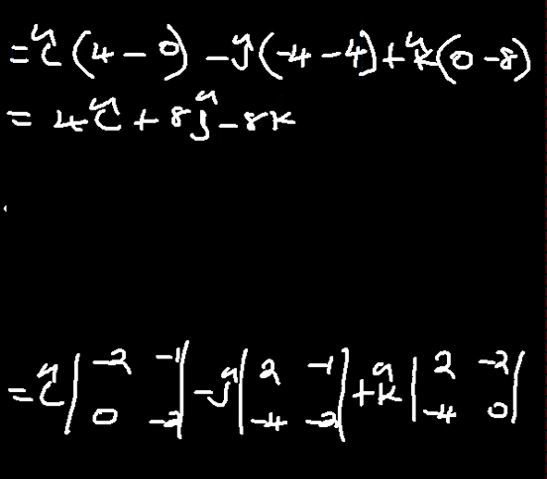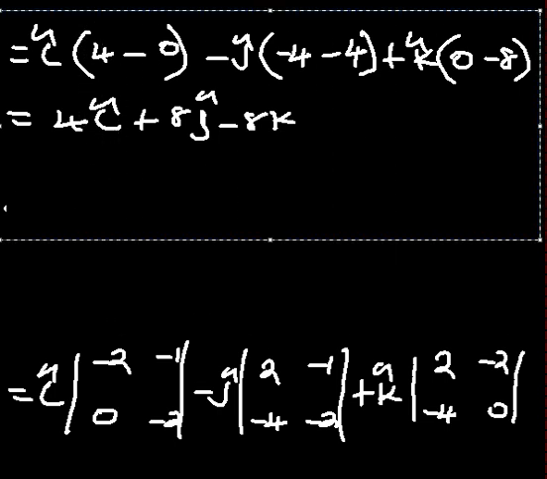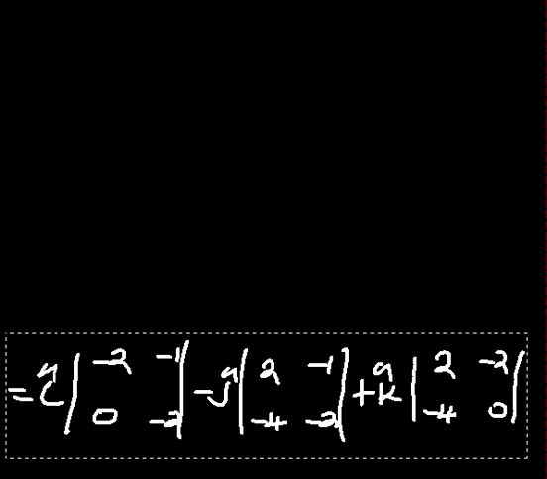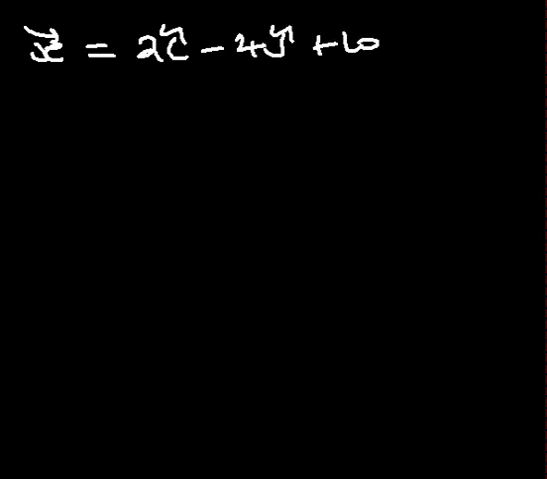Now the point of interest is, how can you have the magnitude of the cross product of the two vectors? We should understand that as well, much as you know how to find the magnitude of a vector, this is the same principle. For instance, let's say we have a vector x given as 2i minus, let's say 4j plus 10k.